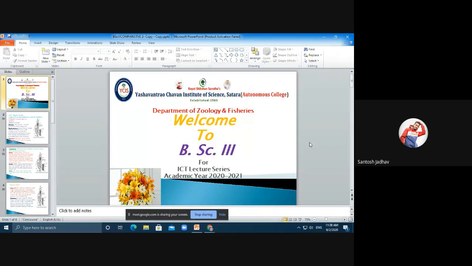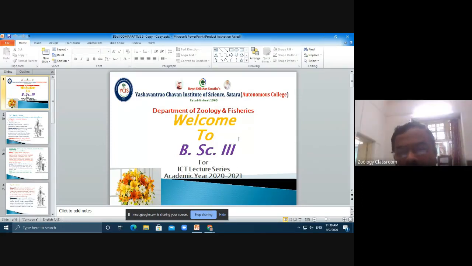Last time we have seen the introduction regarding the development of the digestive system. We have started paper number 9, that is the comparative account of the digestive system in vertebrates. So we are studying this comparative account in relation to the fishes and amphibians.